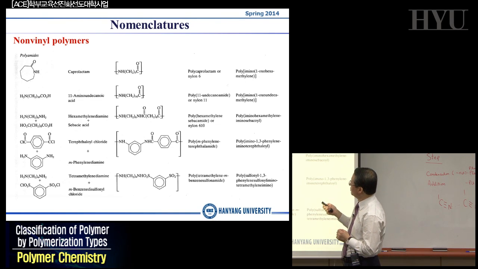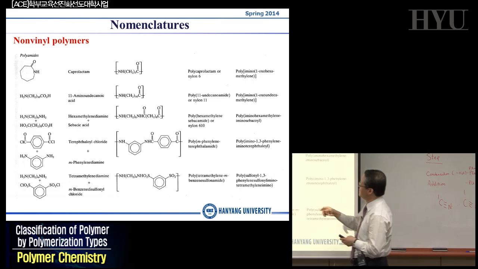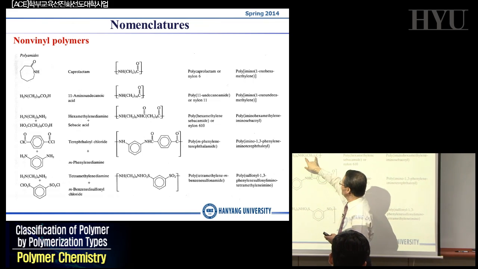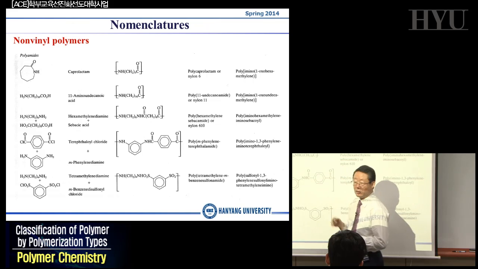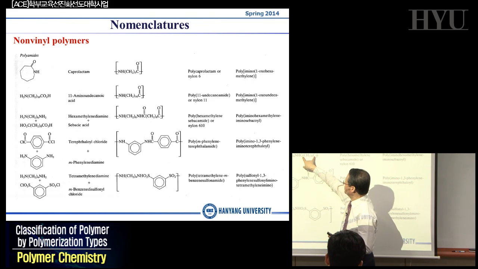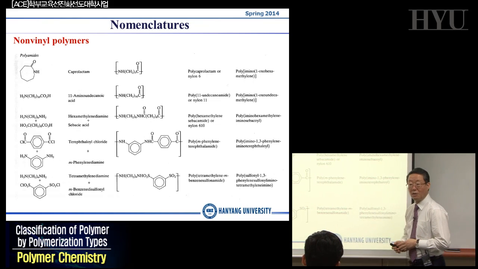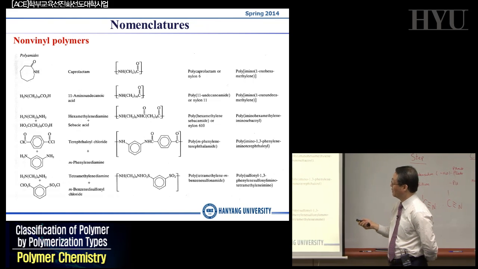If you have 11 methylene units, we call this nylon 11. 610 means that we have 6 in the diamine and 8 in the diacid group here, plus 2 carbonyl carbons, which becomes nylon 610.